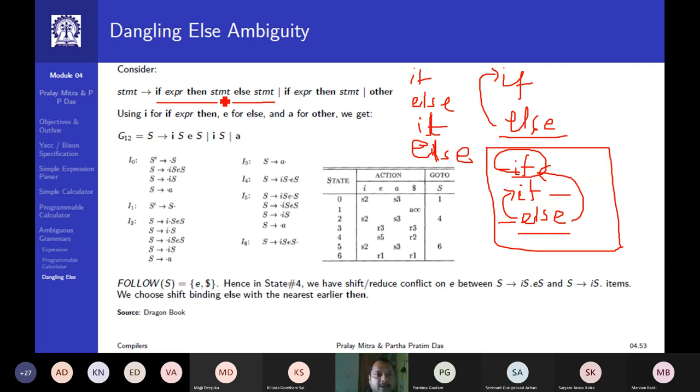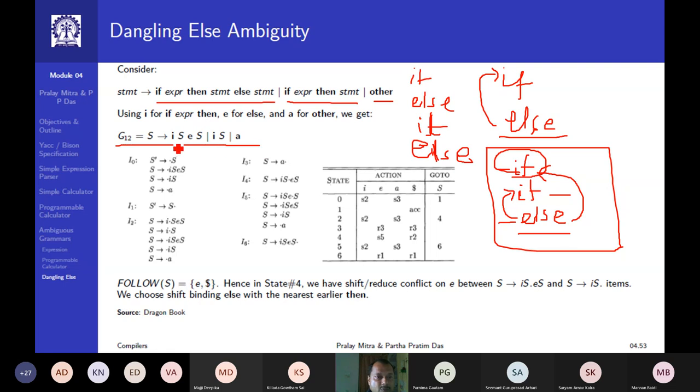Okay. Now this is one situation, if then else. This is another situation, if then. And there may be some other statement also. Now if I write in short, instead of if I, instead of then T, instead of else E, that way, then I can have one grammar something like this.